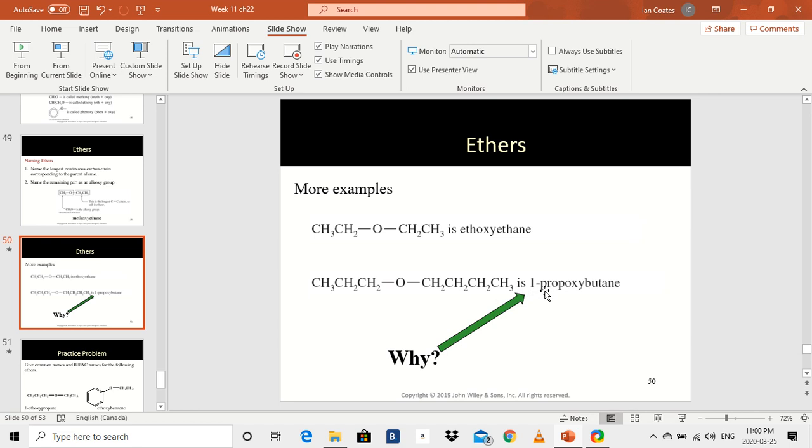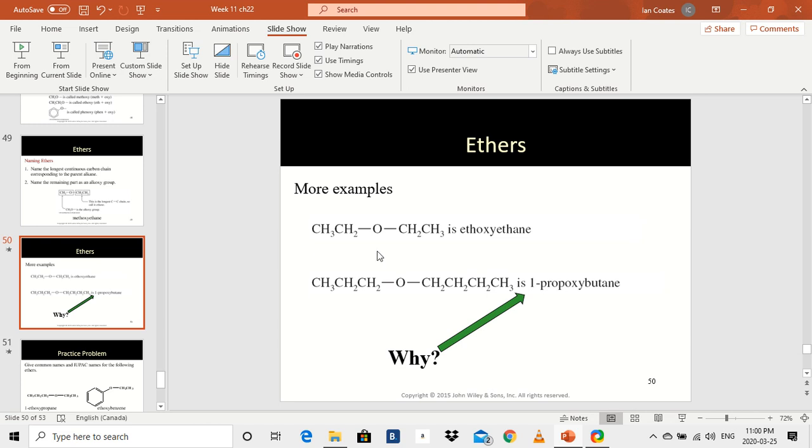We can spend a lot of time on this, but we're not going to. You see that this butane group is attached to the 1 carbon, to the oxygen. This oxygen here could be attached to the 2 carbon, which would make this 2-propoxybutane. But we're not going to get there.